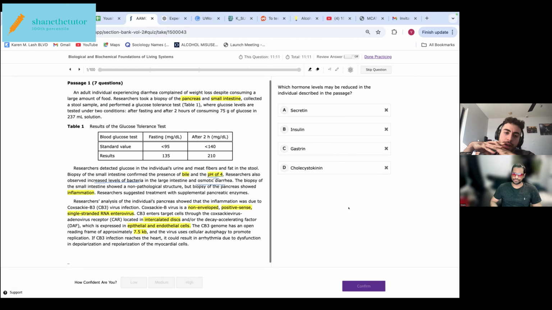It's stored in the gallbladder. What does it do? It emulsifies fat. Yeah.